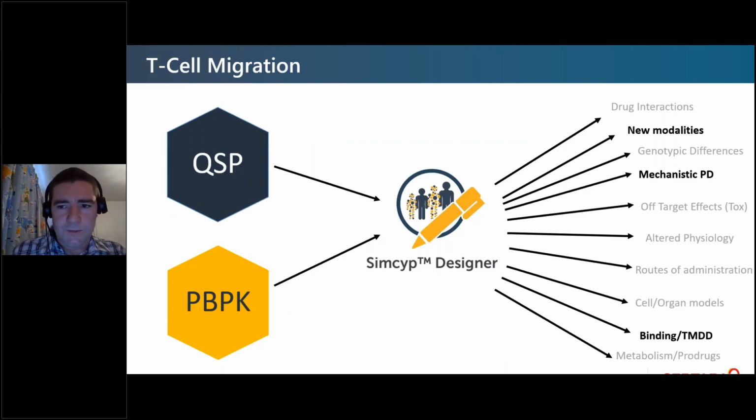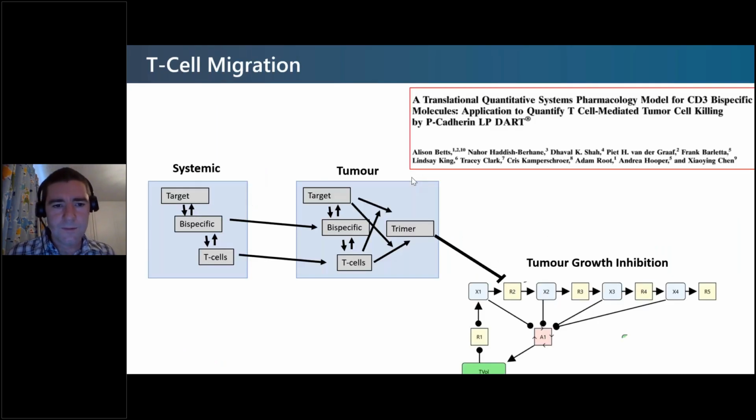And so I will also just hint at a slightly more complex example that incorporates multiple things. So this is similar to what Andres was showing, but you can, for example, add T cells within your existing PBPK model, incorporate a model that accounts for the migration of T cells to your tumor, and then predict the exposure of your drug in the tumor, using existing Simcyp PBPK models.